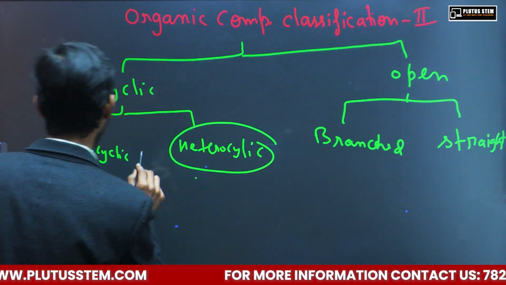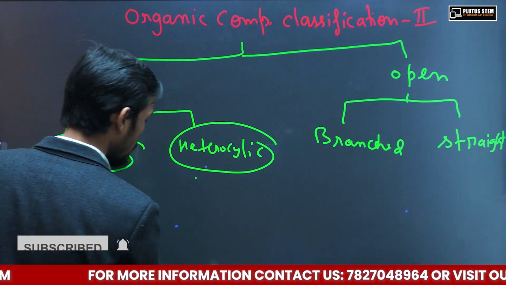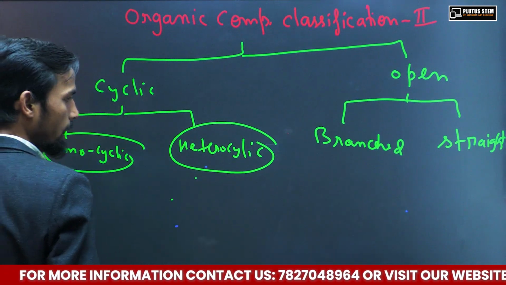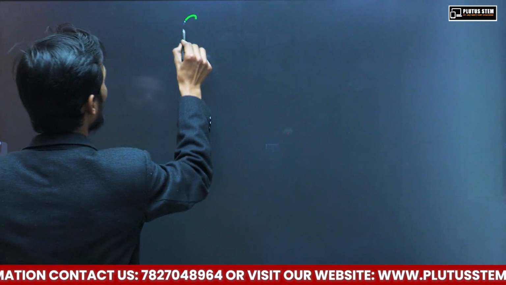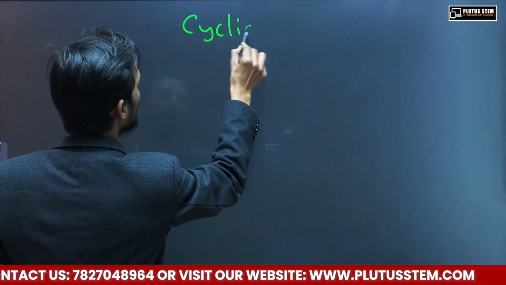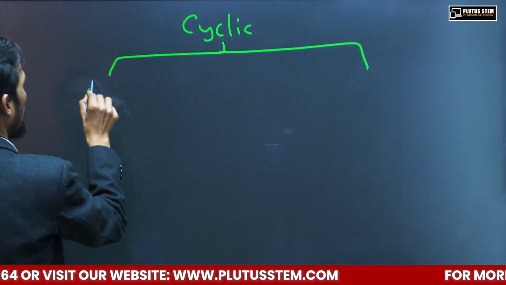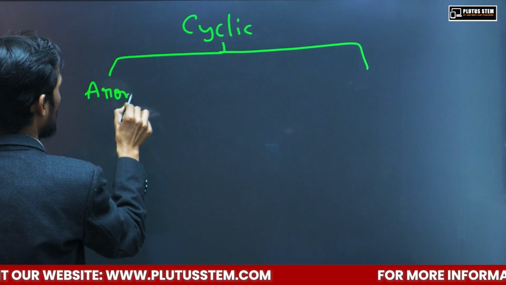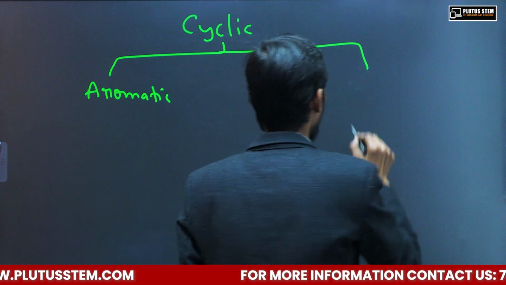Either this way we can classify them as homocyclic and heterocyclic, or another way to classify these cyclic compounds is like this. Cyclic can be classified as aromatic and non-aromatic.